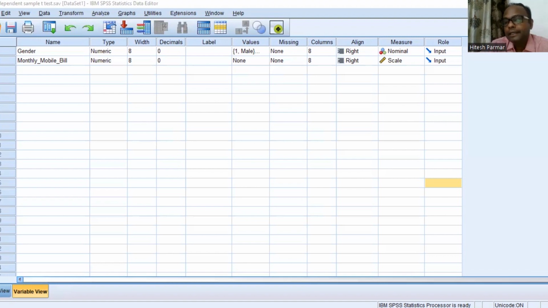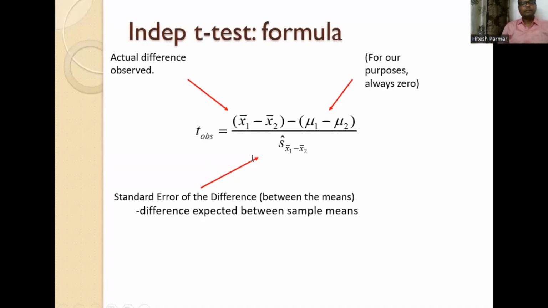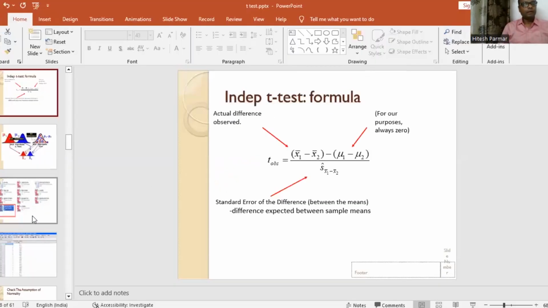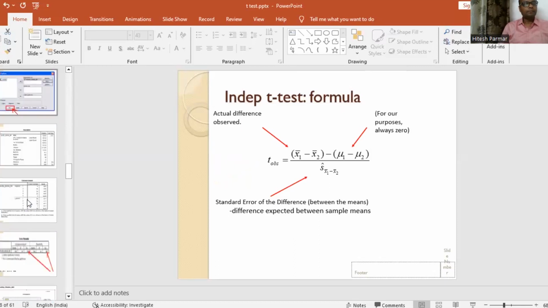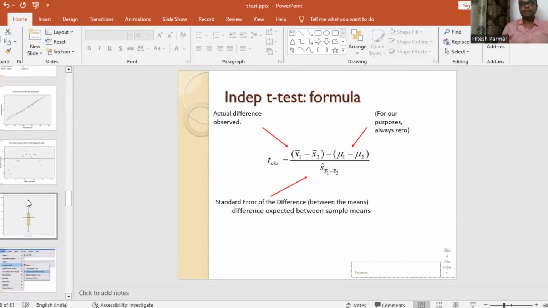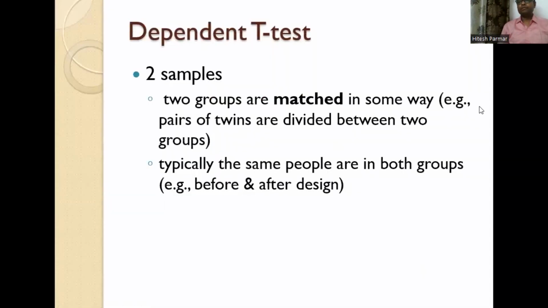Right. So in this way, we can understand the independent sample t-test. Now the second type of t-test that we are showing is the paired sample t-test, or dependent sample t-test. We have already seen the independent; now let us see the dependent sample t-test, or paired sample t-test. When is it applicable?